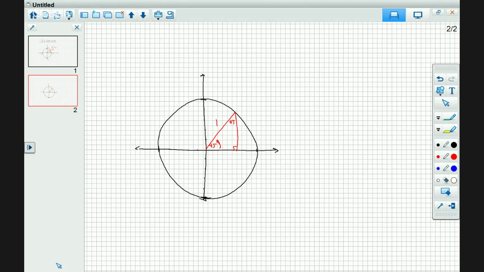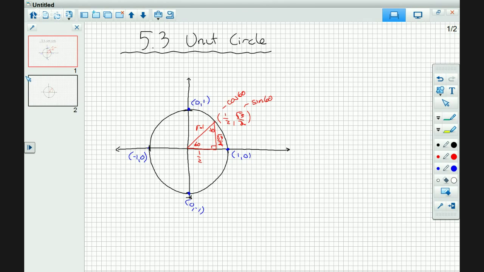You good there? Okay. So you can see coordinates here, right? What angle measure is this? 0. So what's the cosine of 0? 1.